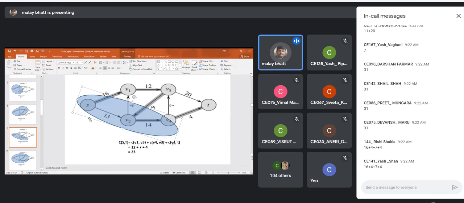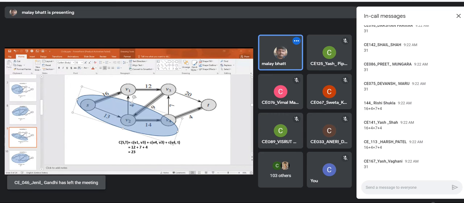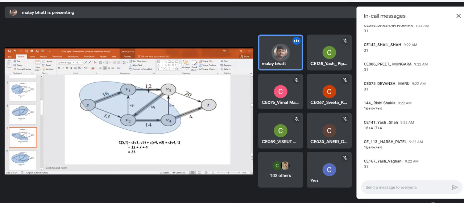Then the outgoing arrows from V4 are 7 and 4, so 11. So 20 plus 11 is 31, right? 31 is the correct answer. Okay, so now we'll consider the actual one. The actual one was, I think, this.